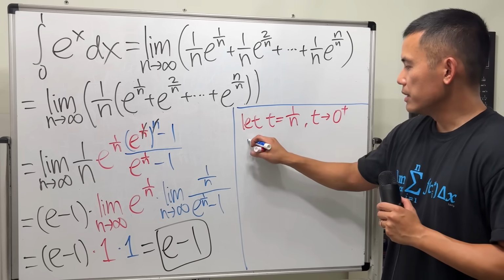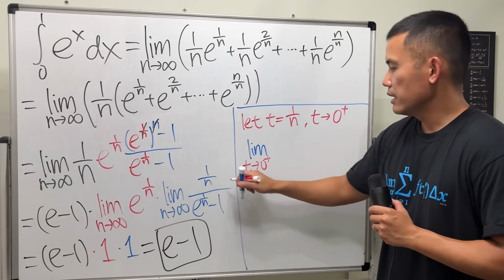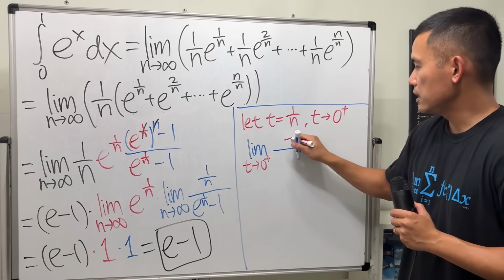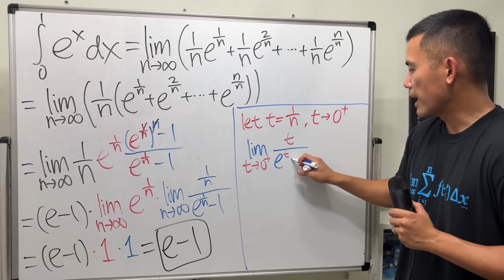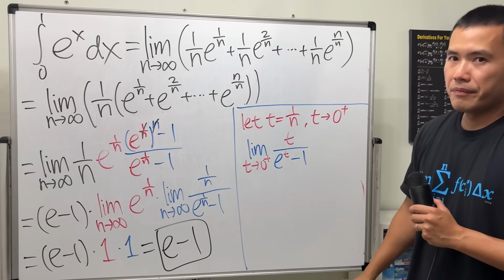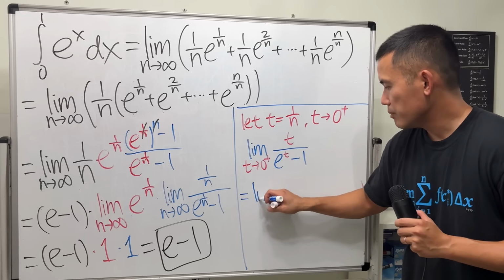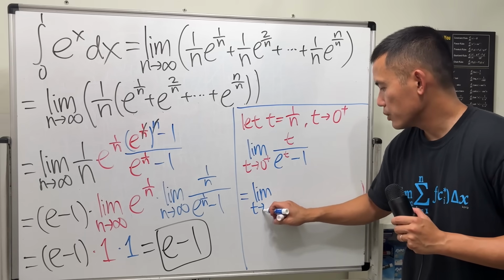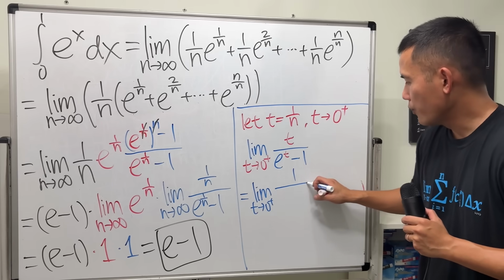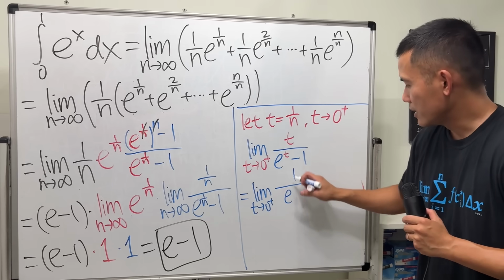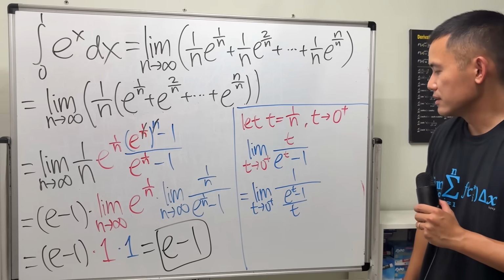We can look at this limit as t going to 0 plus, and then the top is just t, the bottom is e to the t minus 1. Now, check this out. I'm going to look at this as a limit as t going to 0 plus, and then I will do 1 over e to the t minus 1, and then over t, like this.